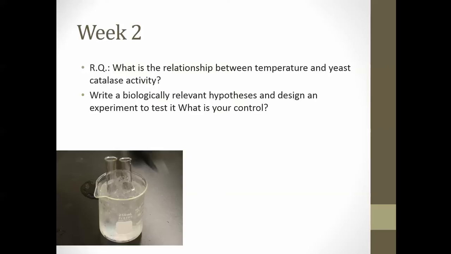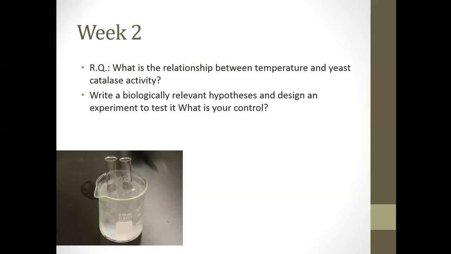You're also going to cool off or warm up a solution of hydrogen peroxide. And once they've reached the temperature that you want, you're going to let them incubate for about 5 minutes. Then, while they're still warm or cold, depending on your treatment, you're going to mix them together and record the rate of the reaction.